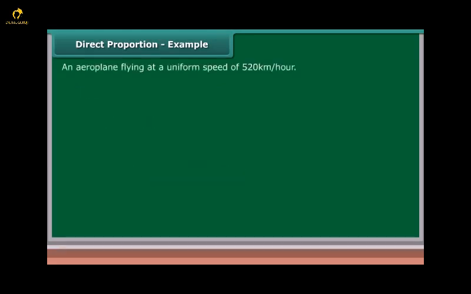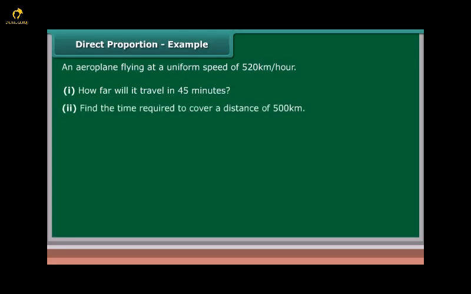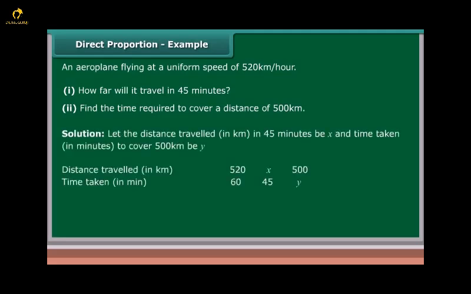Example: an airplane flying at a uniform speed of 520 km per hour. How far will it travel in 45 minutes? Also find the time required to cover a distance of 500 kilometers. Solution: let the distance travelled in kilometers in 45 minutes be x and time taken in minutes to cover 500 kilometers be y.